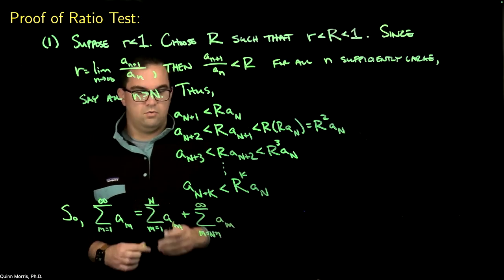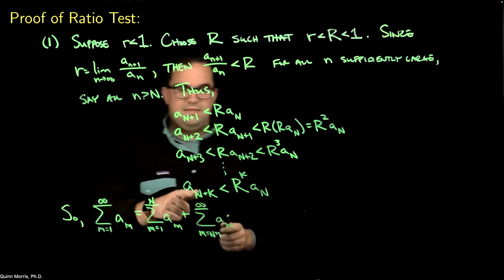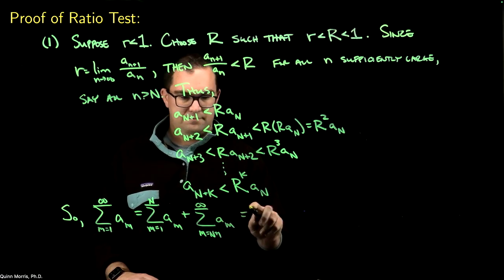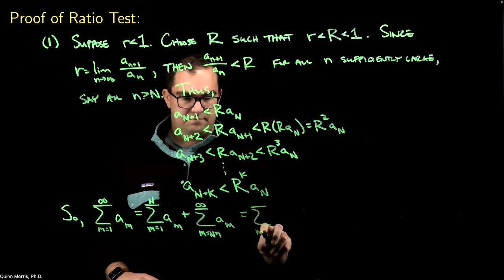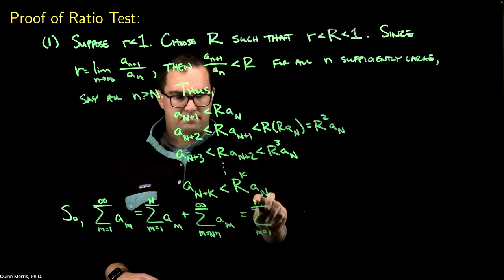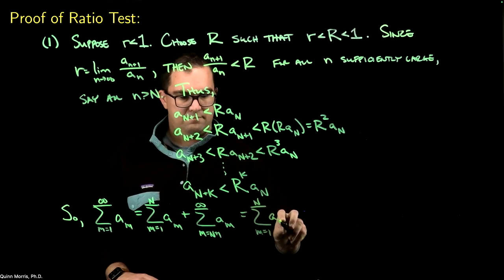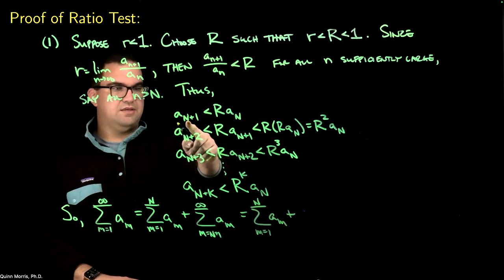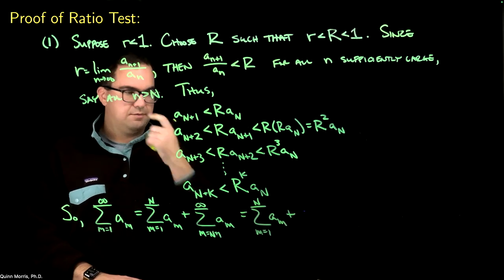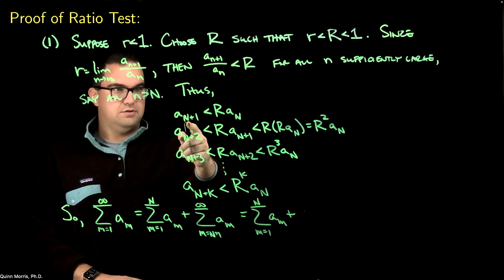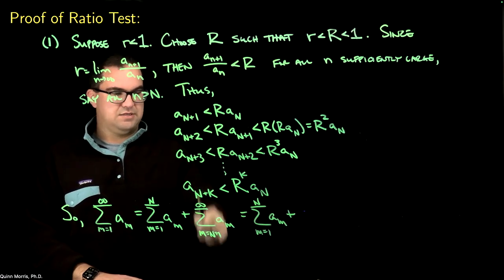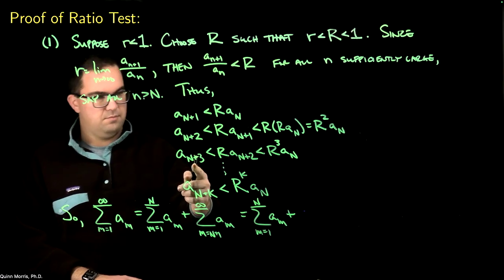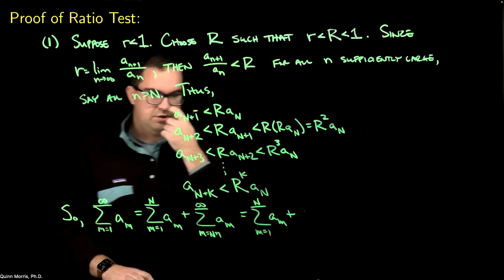Well, this first piece is just a finite sum. If I look at this other piece, this is really the sum of all of these subsequent terms: a sub capital N plus 1 plus a sub capital N plus 2 plus a sub capital N plus 3, and so on and so on.